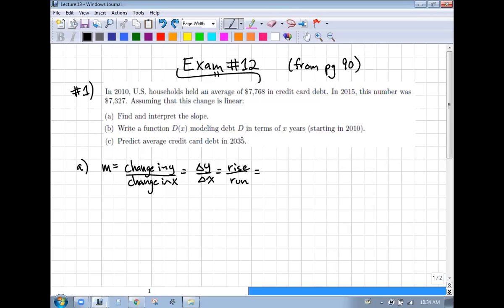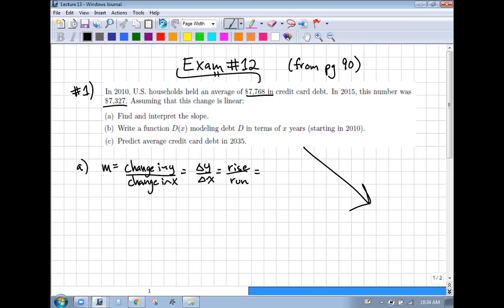So the change in debt, we're going from 7,768 to 7,327. So the amount of debt is decreasing. That means our slope will be negative because we're going downhill.